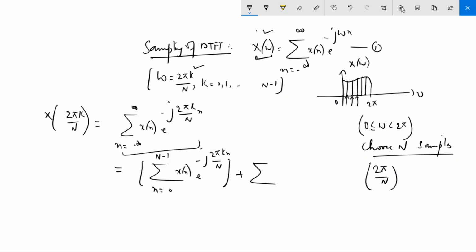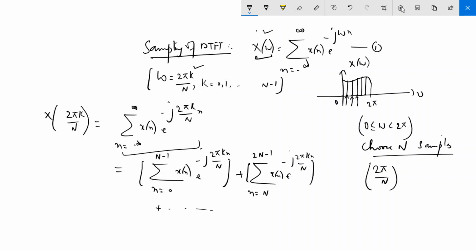Then I take the next N samples, that is from N to 2N minus 1, again x(n) e raised to the power minus j 2 pi k n by N. This is the second series, and so on. Similarly, on the negative side, you can take from minus 1 to minus N as the first sum, and so on.